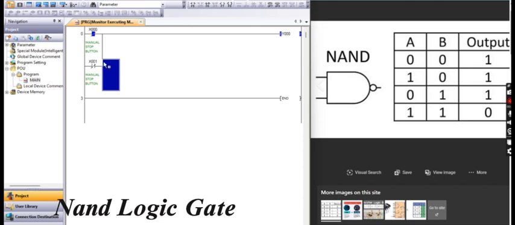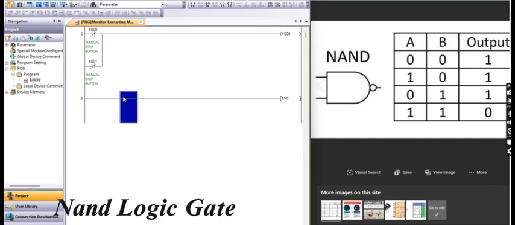If our input A is 1 and our input B is 0, our output is still energized. However, if input A is 1 and our input B is also 1, then our output is now not energized.